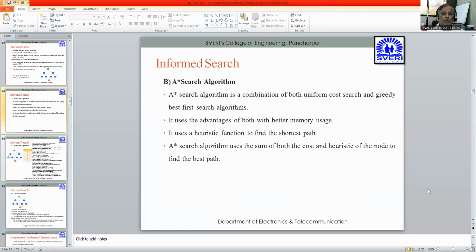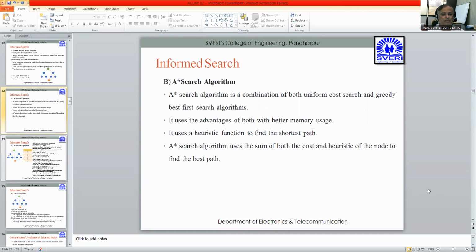So again, you will have a combination of two. The uniform cost search is the last one we saw in uninformed search algorithms, right? And by combining it with greedy best first search, another algorithm has been made. It uses the advantages of both with better memory usage.